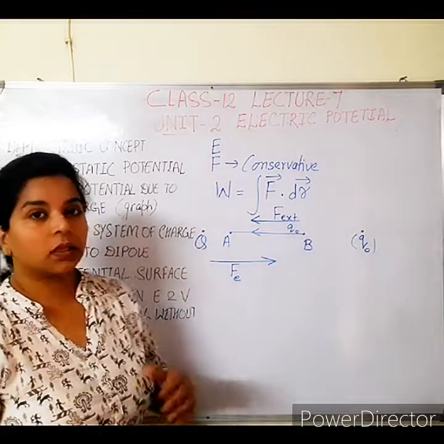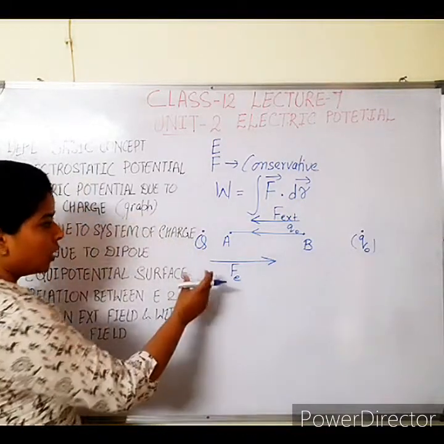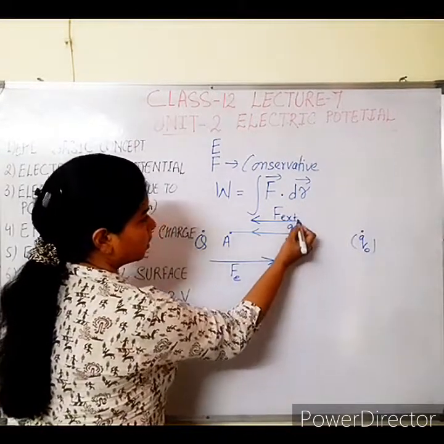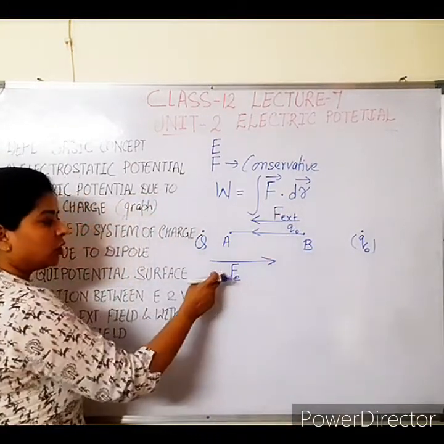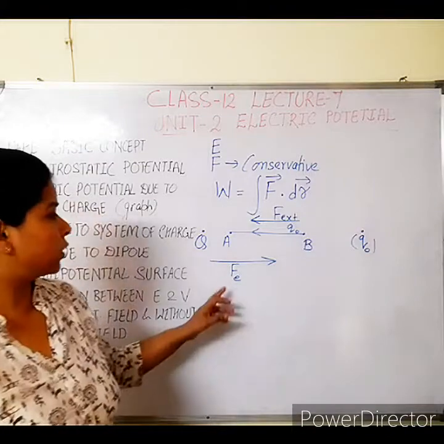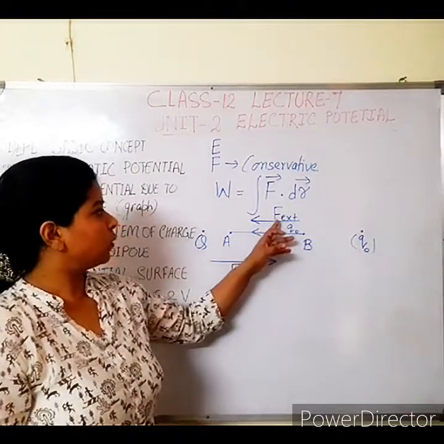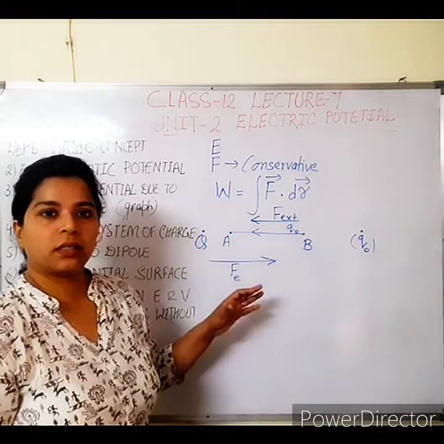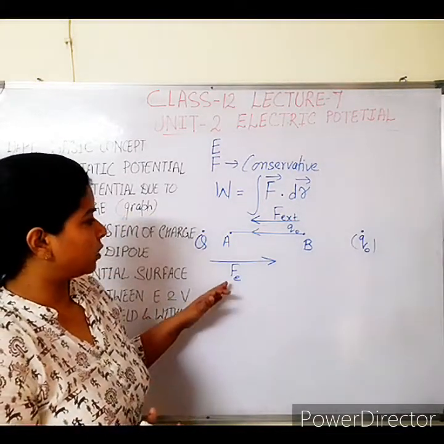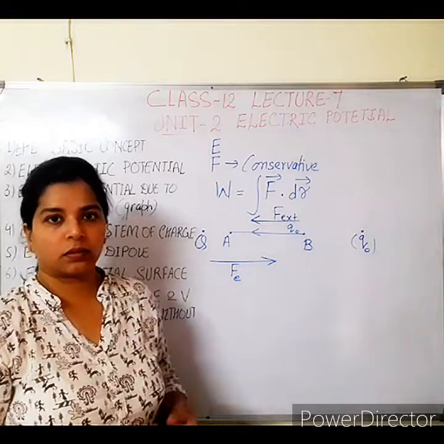Now take the cases here. If we consider that work is done over the body, first of all this external work will reach up to the limit of the electrostatic force. That means whatever force we are applying over the test charge comes up to the limit of the electrostatic force.